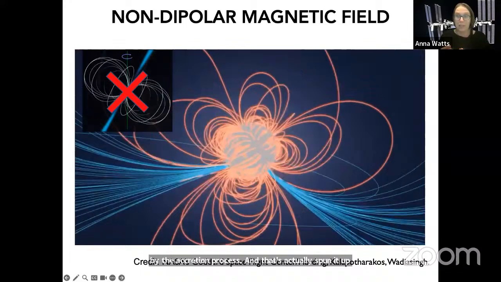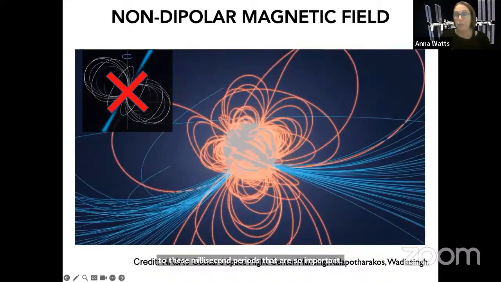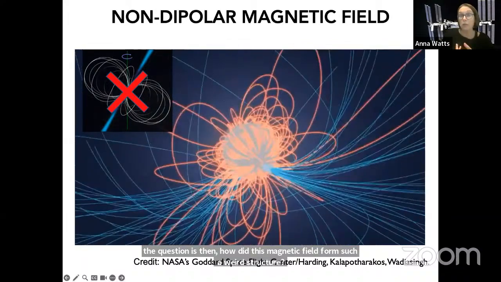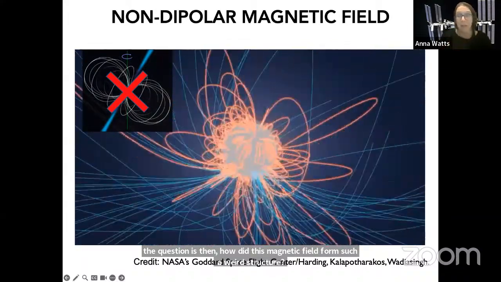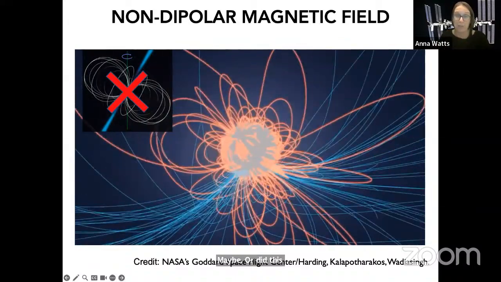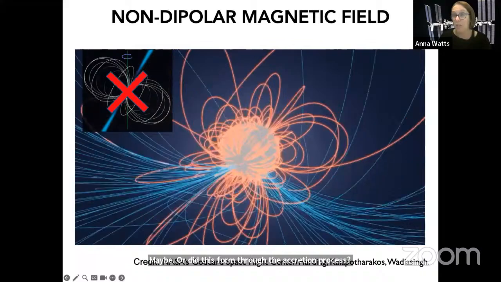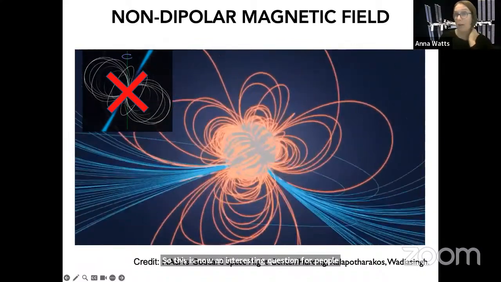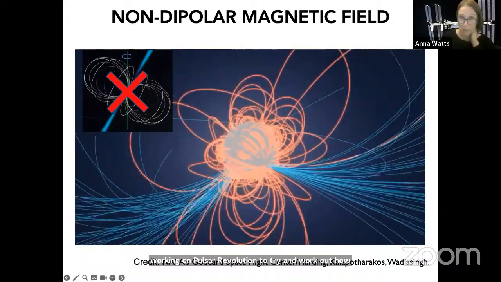So the question is then, how did this magnetic field form such a weird structure? Has it been like this ever since the supernova? Maybe. Or did this form through the accretion process? Is that how it got so distorted? So this is now an interesting question for people working on pulsar evolution, to try and work out how this kind of magnetic field structure came about.